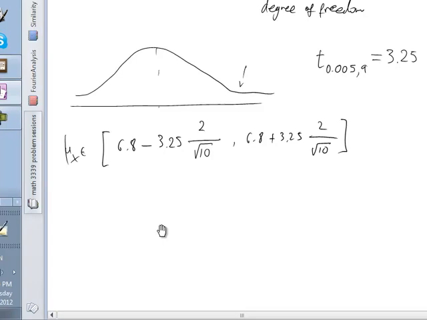Okay, we can also use the other sample standard deviation we had before.